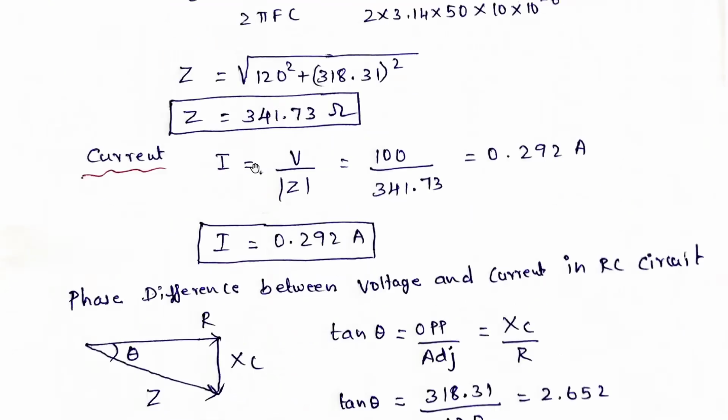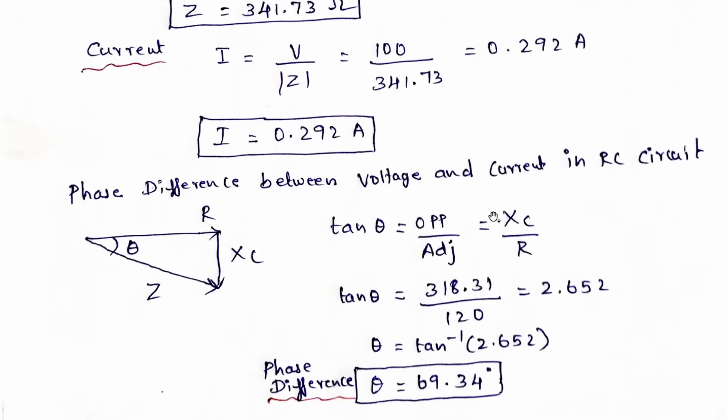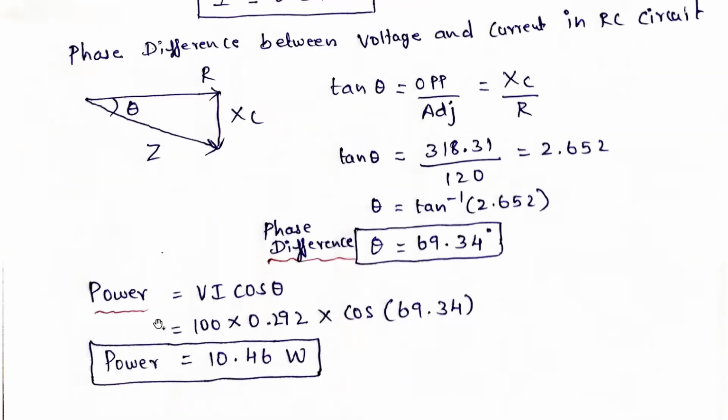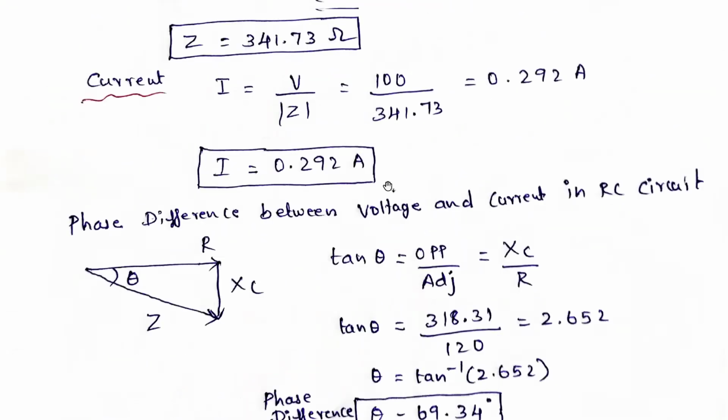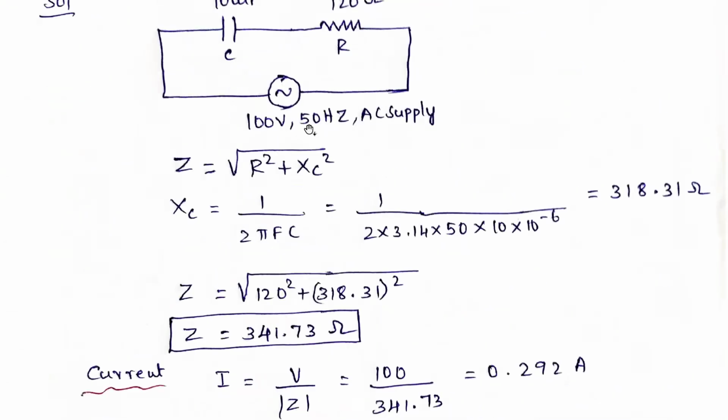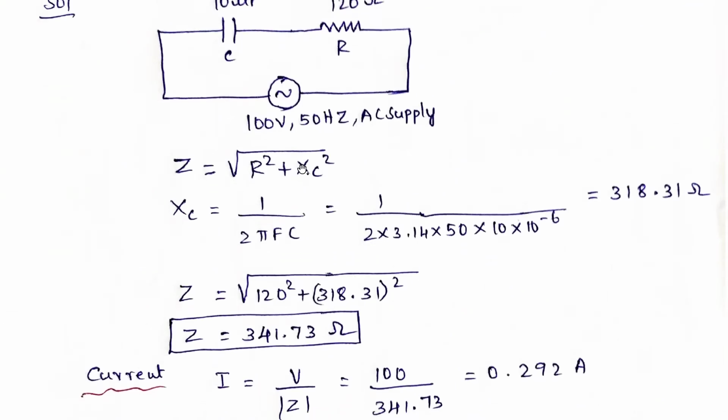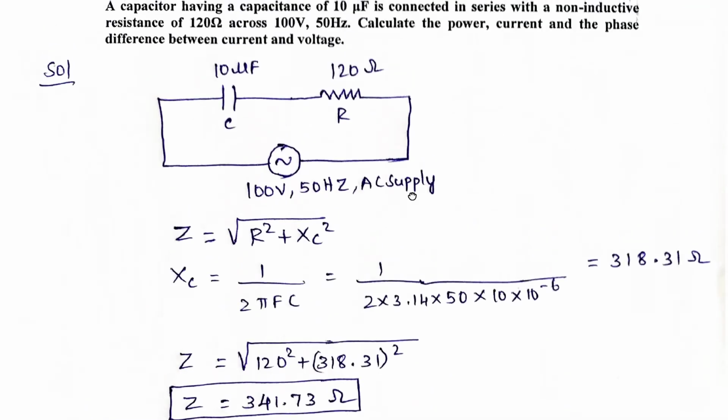The rest is the same: I is equal to V by Z, then the phase difference calculation and power calculation, formula and answer. The mistake mostly happens here: instead of capacitive reactance, you substitute only capacitance. It is XC, the capacitive reactance. You need to do that carefully.